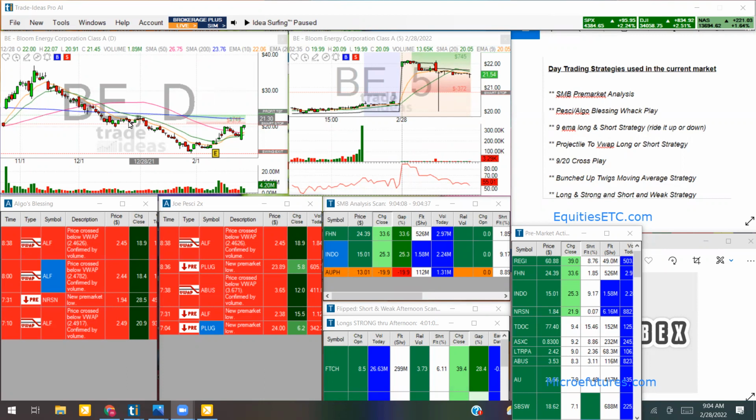So don't get all hung up on certain moving averages I might be using or certain time frames that I might be using. Be more concerned about the concept of what's behind why I'm using it, and I will try to explain.